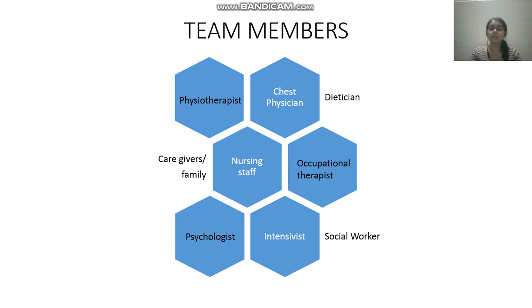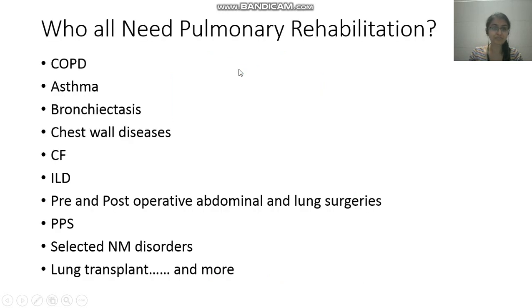The team members of pulmonary rehabilitation are the chest physician, physiotherapist, dietitian, caregivers and family members, the nursing staff, occupational therapists, psychologists, intensivists and social workers, or anyone who comes across the patient and is involved in taking care of the patient will be included in the team of pulmonary rehabilitation.